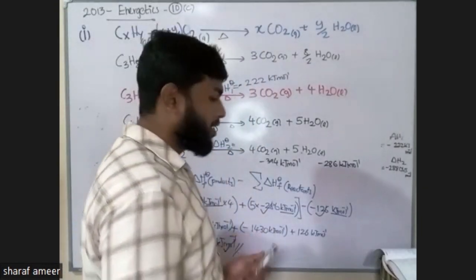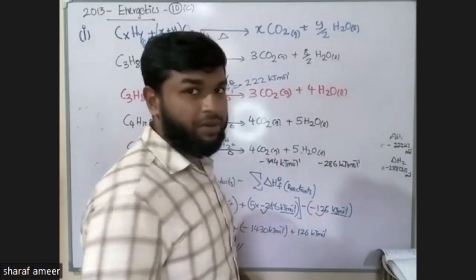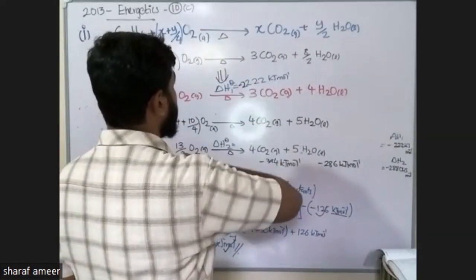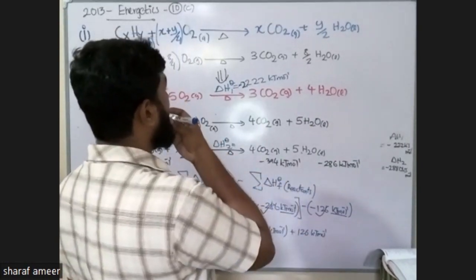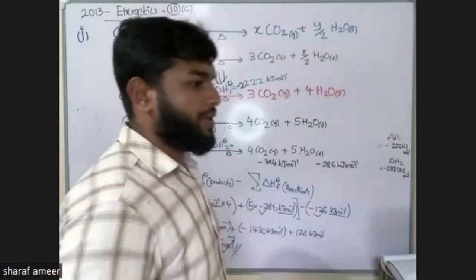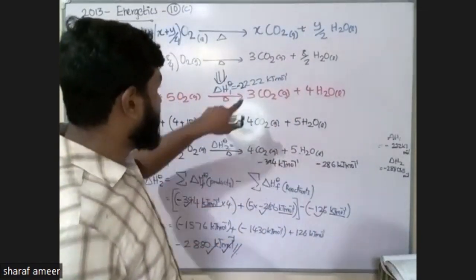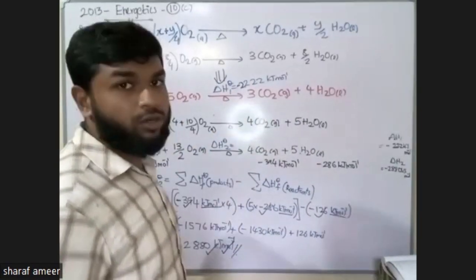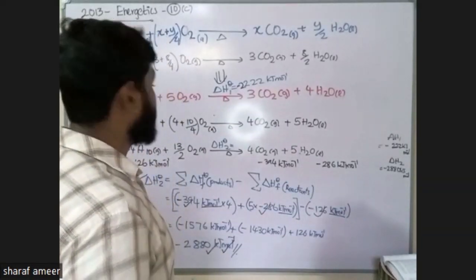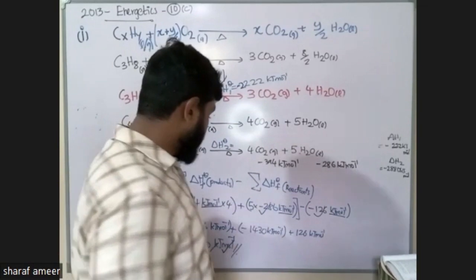There is a small error here. It is a small summation problem here, right? So it has been 222. Okay, guys, see here, I just made a summation mistake here. It should be minus 222 kilojoule per mole. So this is the part here.